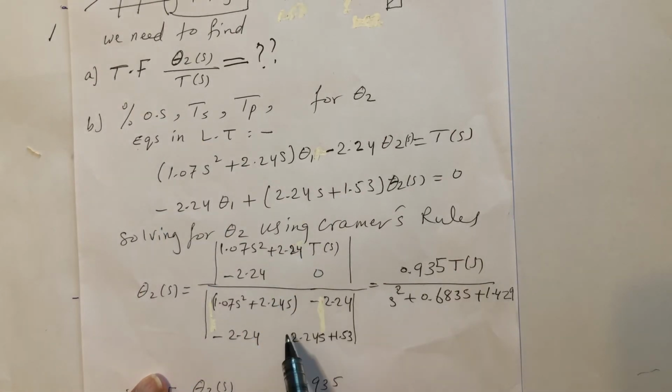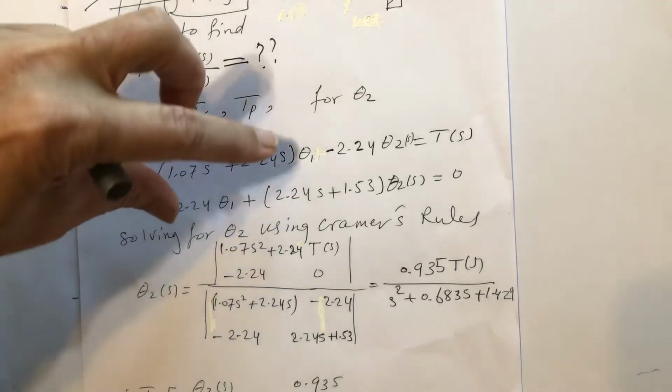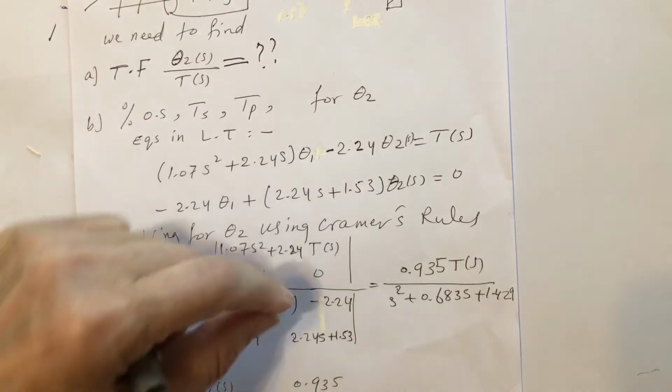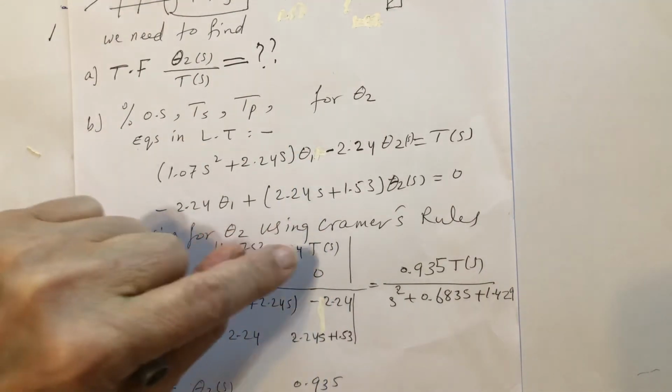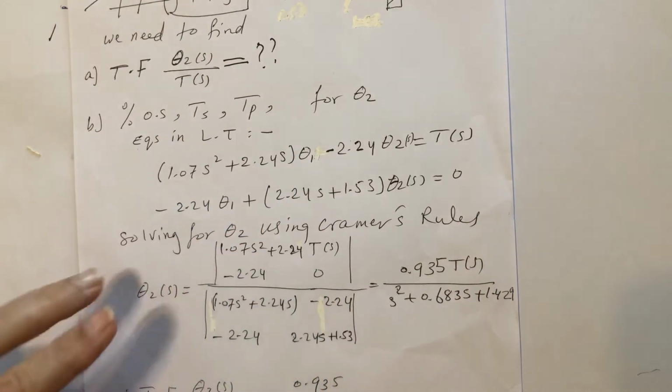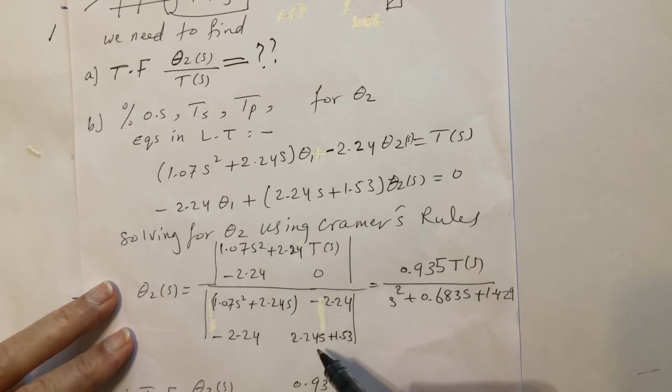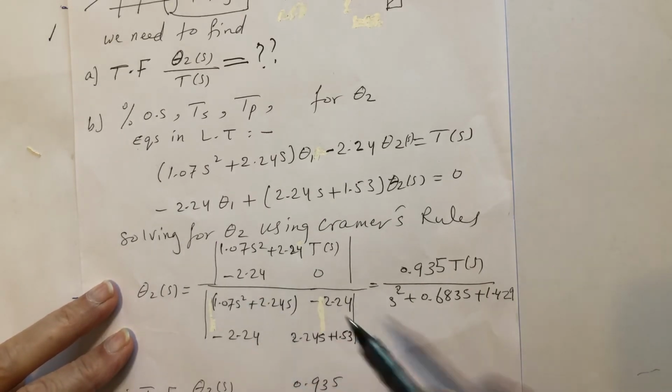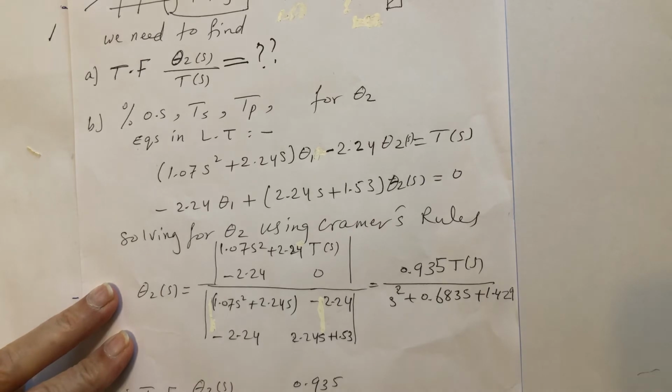So you get the determinant of this. So this is the determinant due to, what did we do? We kept those due to theta 1, and we removed those due to theta 2, and we put the torque here, T and 0. Calculate the determinant, this by this minus this by this. So it will be, it should be minus?